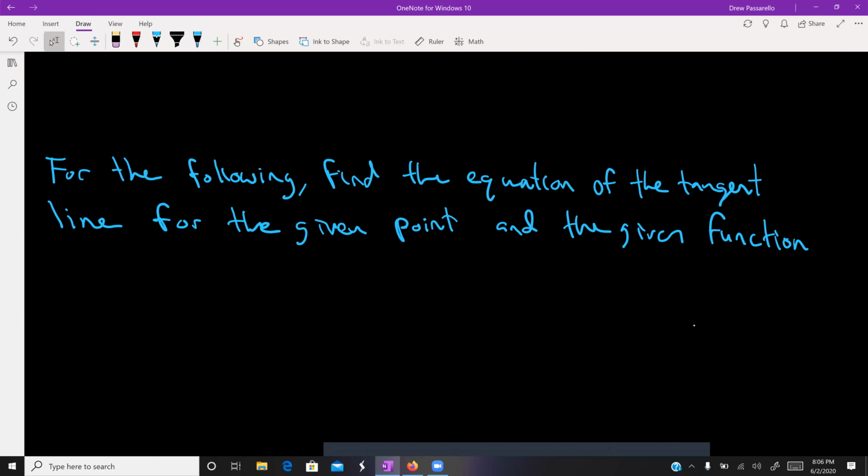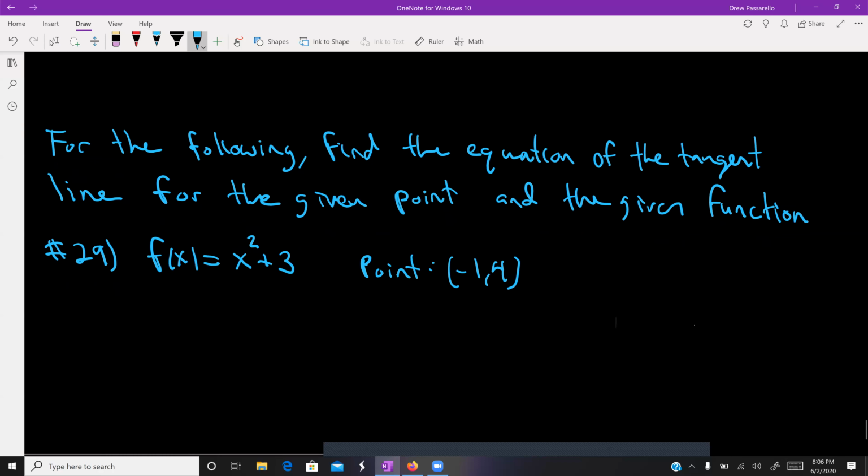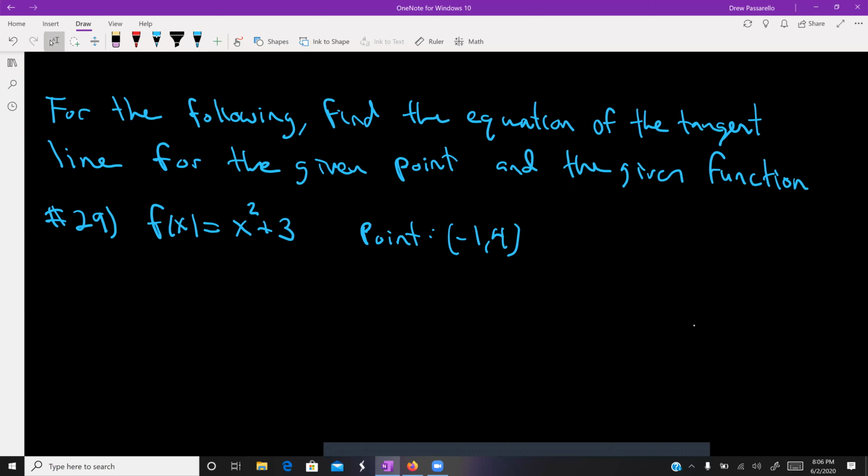This is number 29. The given function f of x is equal to x squared plus 3. And the given point is negative 1 comma 4. So we know we can get the slope of the tangent line.